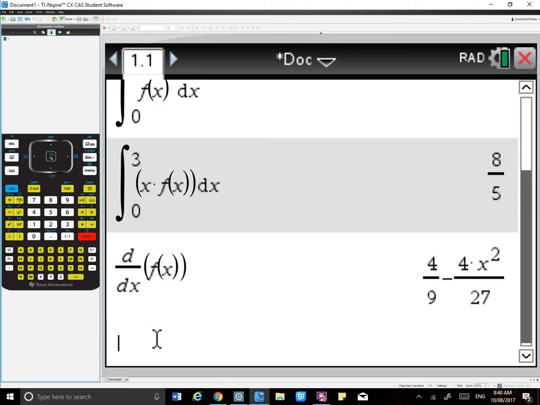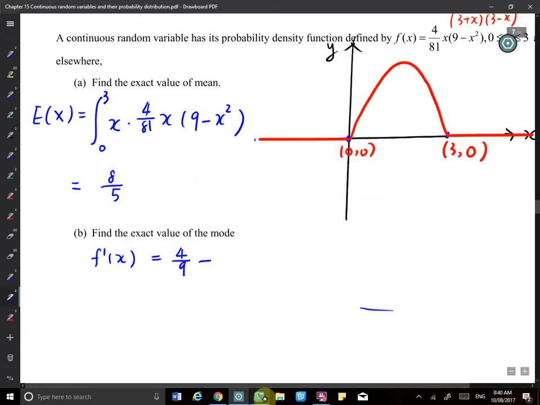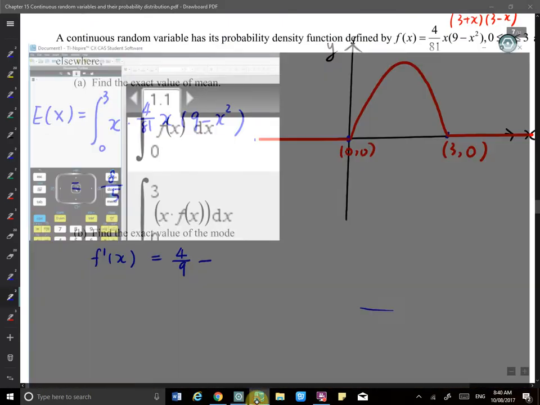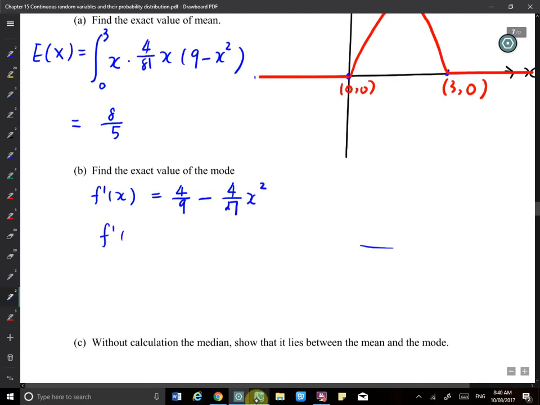Well, you should do it by hand. We have 4 on 9 minus 4 on 27 x squared, and we want f dash x equals to 0. So what we want is 4 on 9 equals to 4 on 27 x squared.